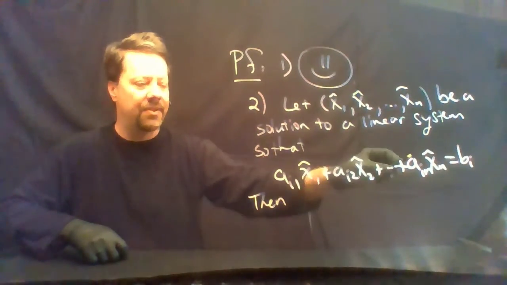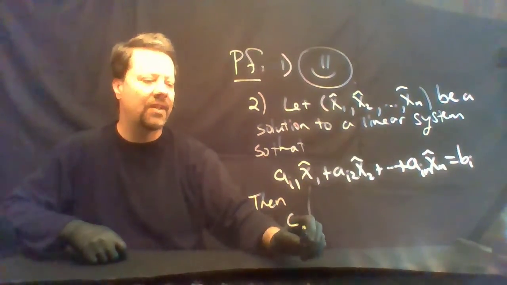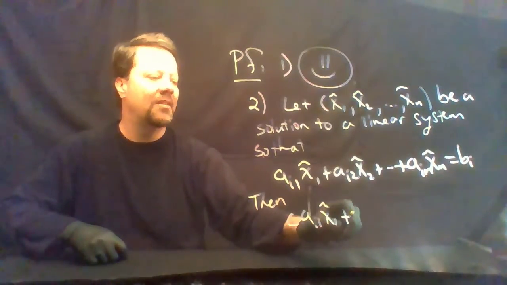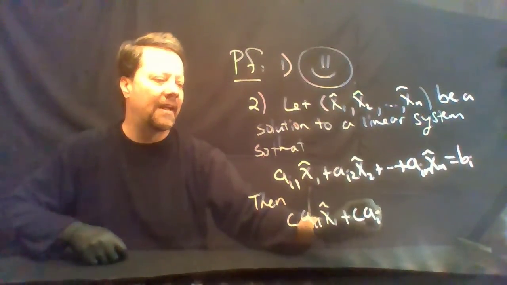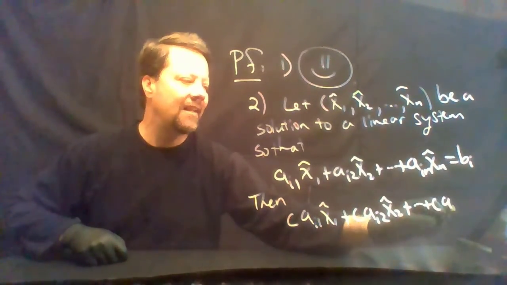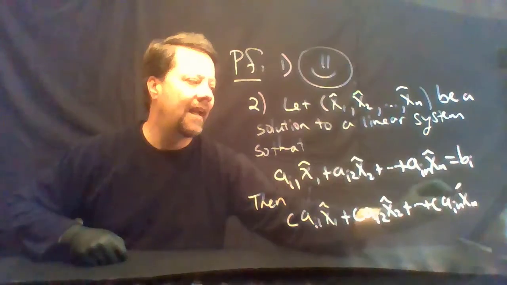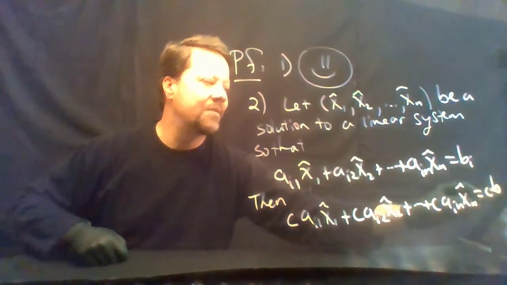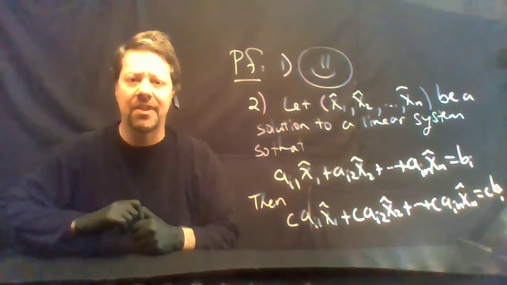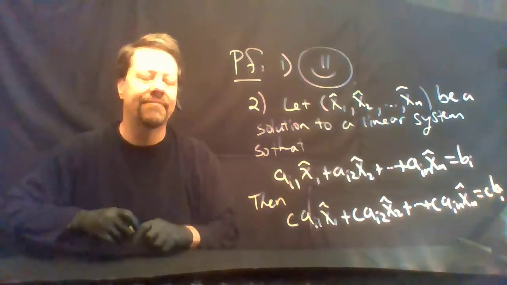Then if this is a true statement, then so is c a_i1 x1 hat plus c a_i2 x2 hat plus through c a_in xn hat equals c times b sub i. So just multiplying through by a constant doesn't change the truth of the equation. Duh.